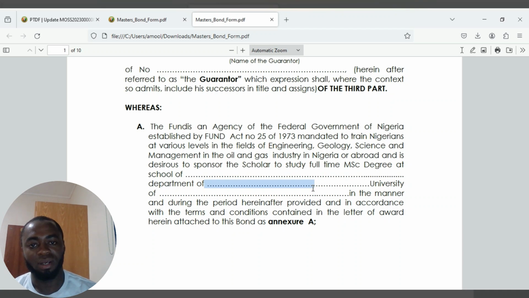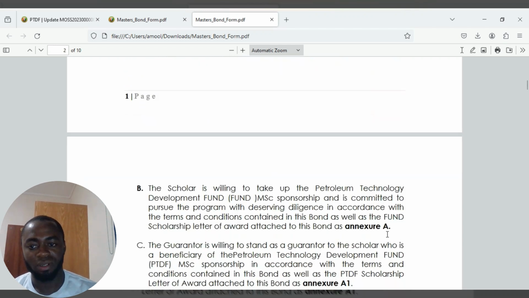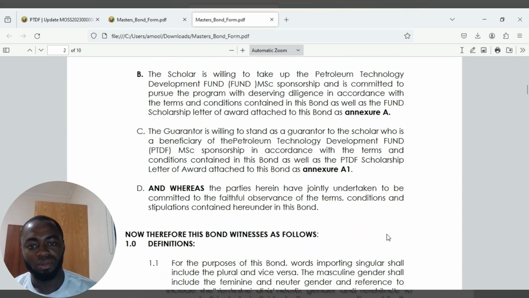So schools are synonymous to colleges or faculties as we have it back from wherever you may be watching from. So it can be school of engineering and physical sciences, school of humanities and all that. And then the specific department under the name of the university, and this is where the name of the university will come. And once you're done with page one, you go to page two.